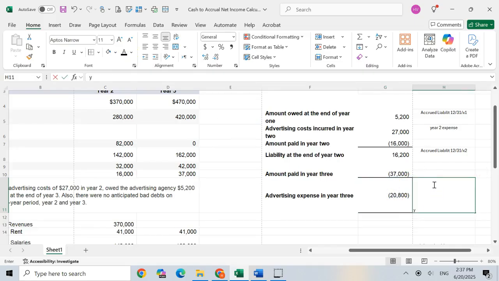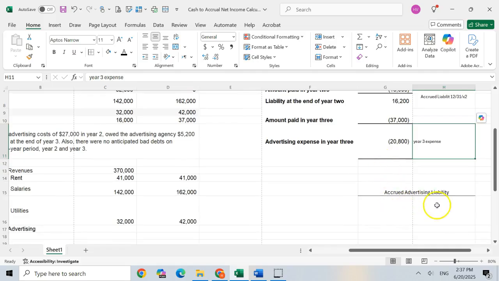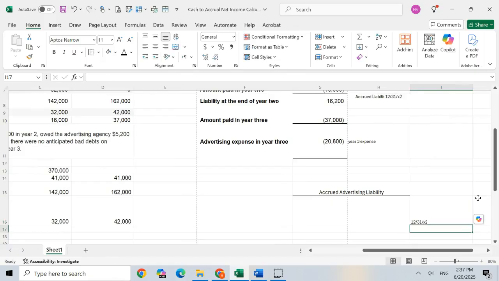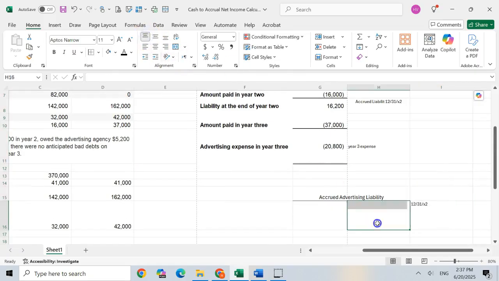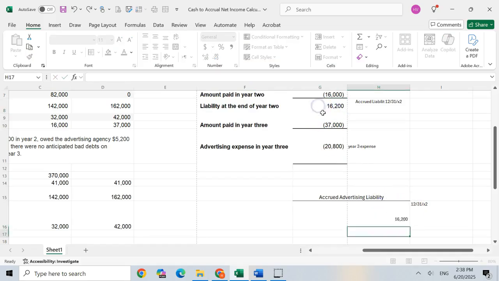So this is going to be the year 3 expense. Another way to look at this, which I know I prefer, is looking at the T accounts, and we're just going to start with 12/31/X2 as the starting point. As a starting point, we know that our accrual at the end of year 2 we calculated as $16,200.